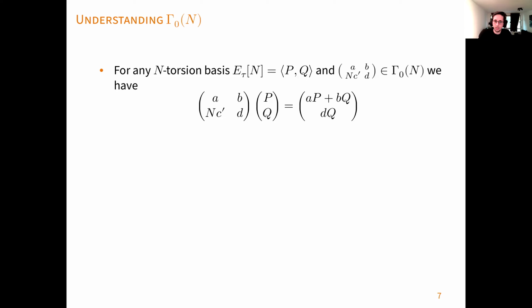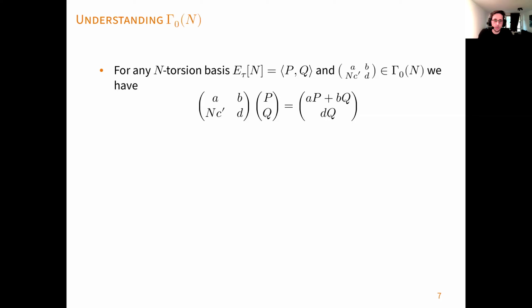Then, because the bottom left entry is divisible by n, it kills the point P. So what we get as a result is just aP + bQ and dQ in the second component. So as long as we act with such matrices on this vector, we will always stay in the subgroup generated by Q in the second component, while in the first component, more or less anything can happen.